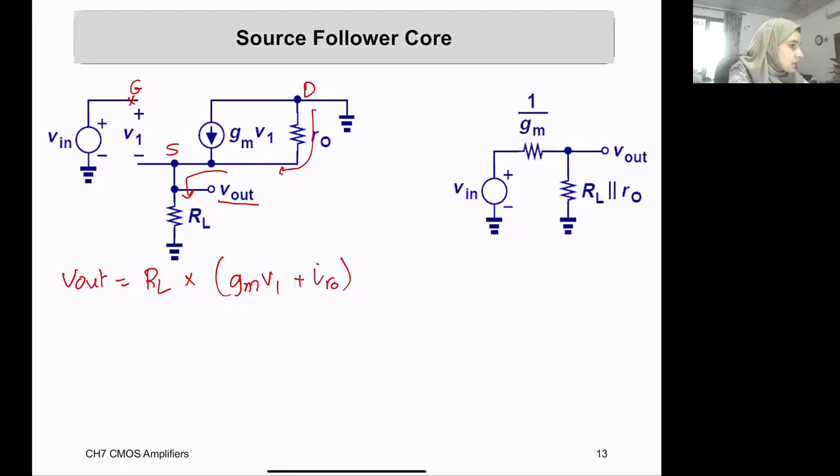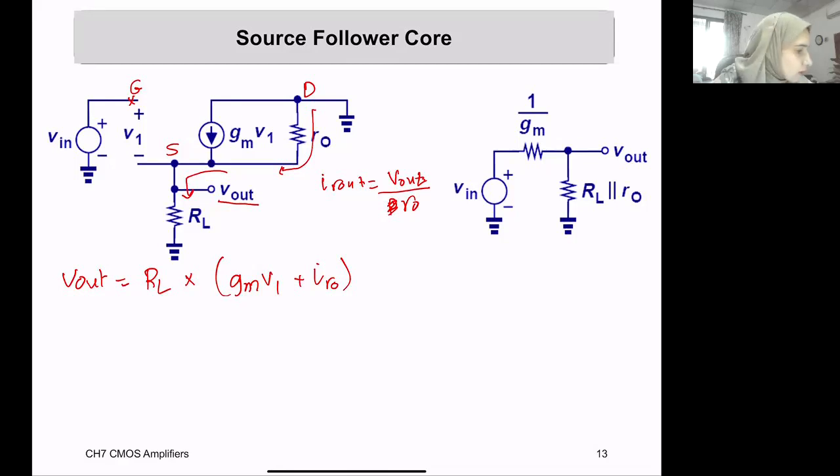Now, what is this current, which is called IRout? It is Vout divided by Rout. Now, why is Vout the same as the one across Rout? Why is the voltage drop across Rout also Vout? Do you see this?